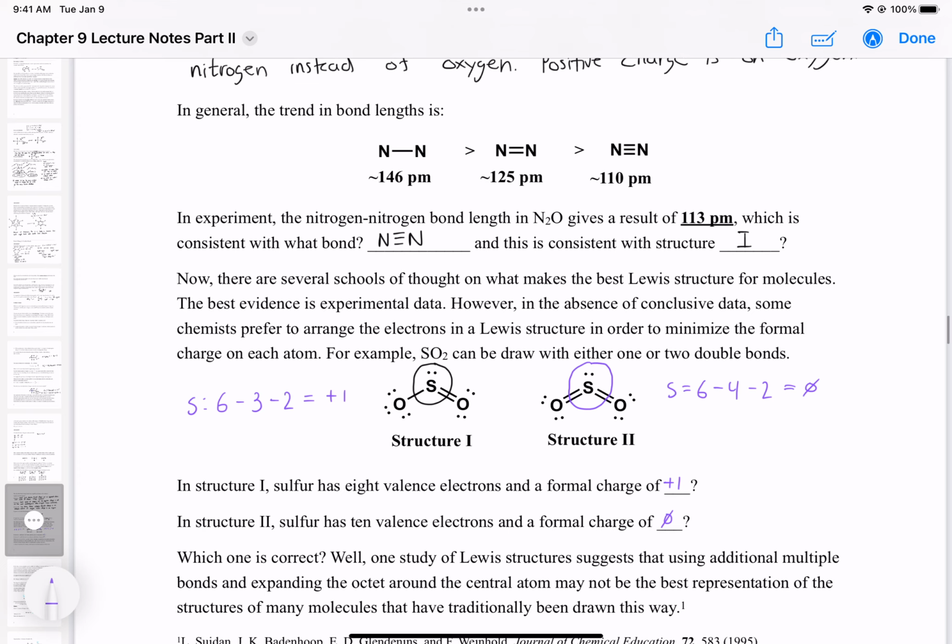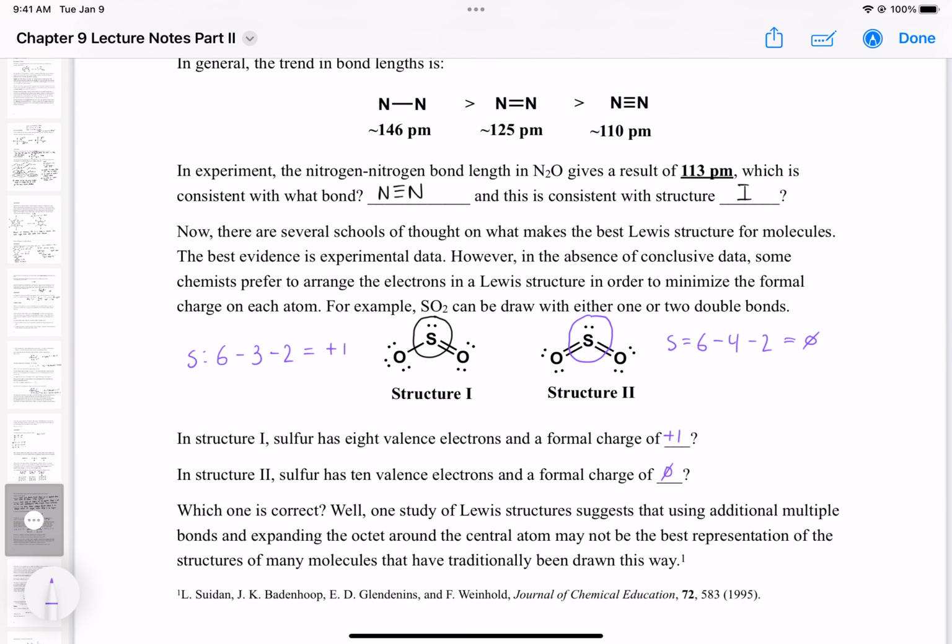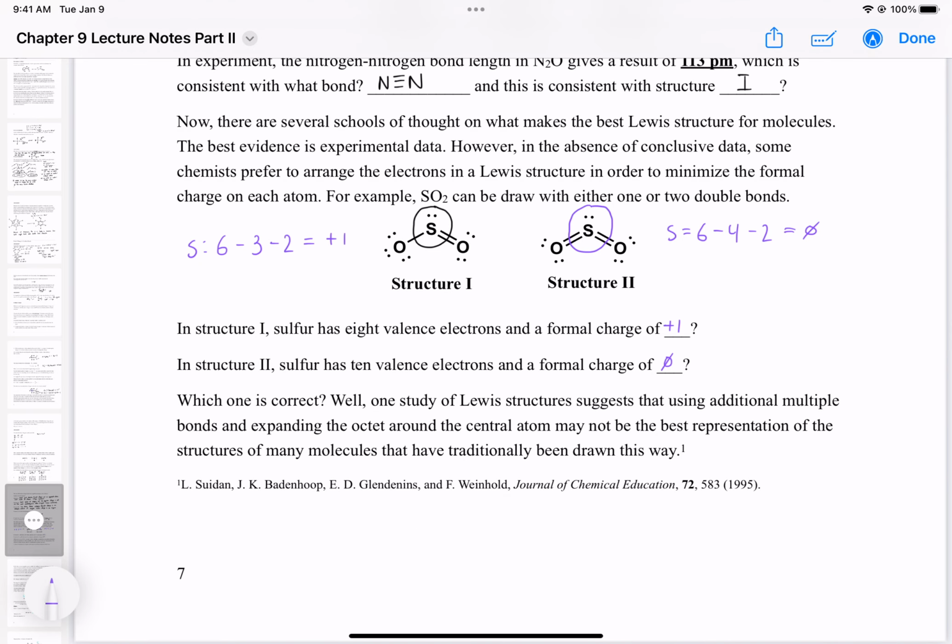So which one of these structures is correct? Well, there's not an easy way to answer that question. You need data from experiment. Okay. Well, in this case, since this molecule is well known, we have studied it since old times.